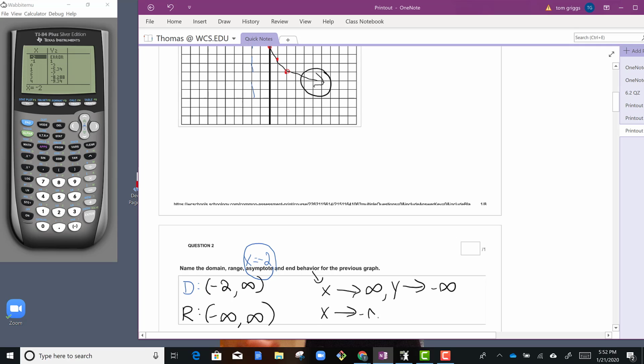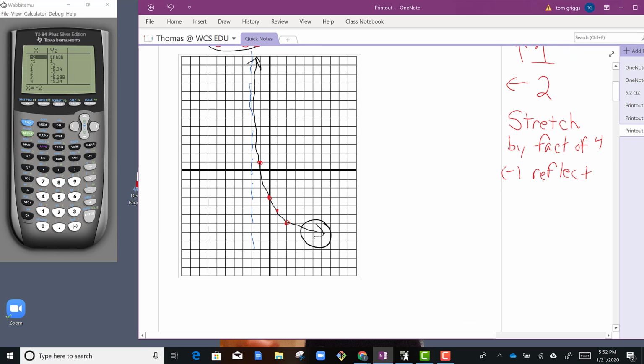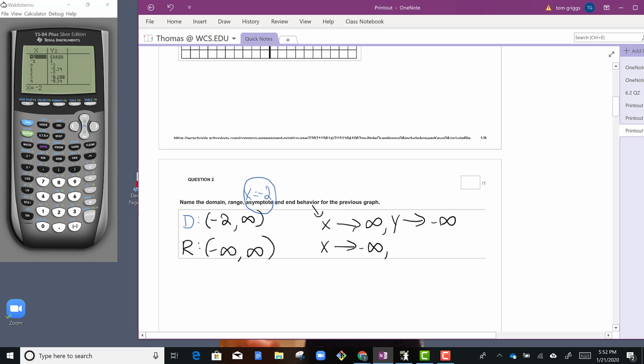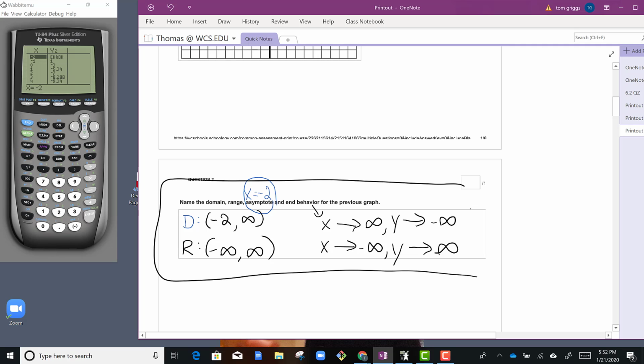And as x approaches negative infinity, that means we're looking at the left end behavior. So as x approaches left, y is increasing infinitely. So there's our key stats for that graph.